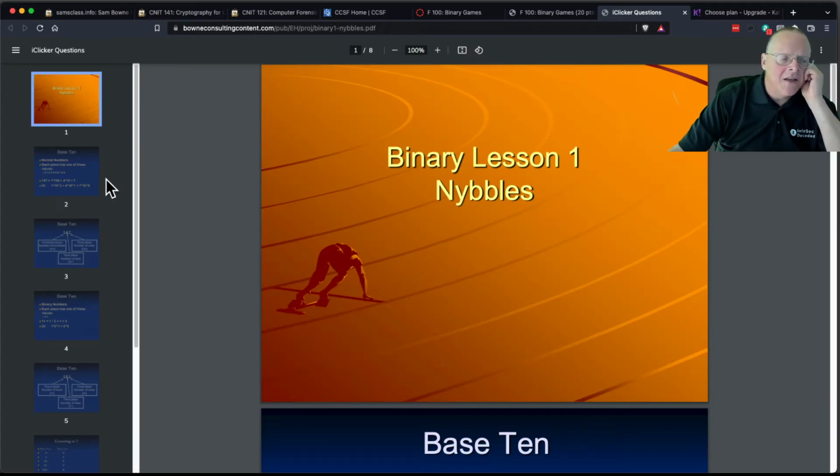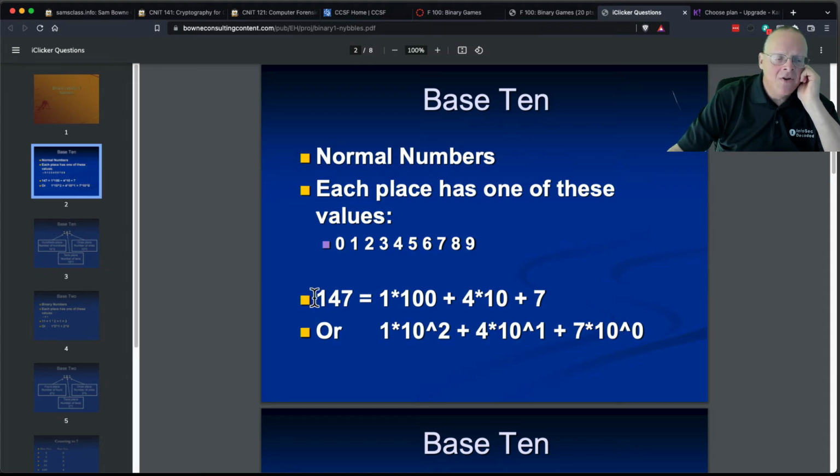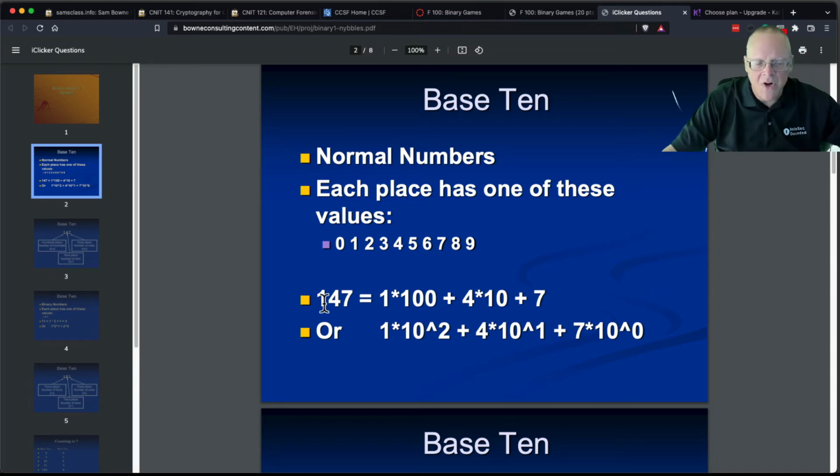The first thing, if you think about normal base 10 numbers that we use all the time, if you write down 147, there are 10 possible digits, and you know that 1 means 1 times 100, 4 means 4 times 10, and 7 is 1, so you get this number, 147.